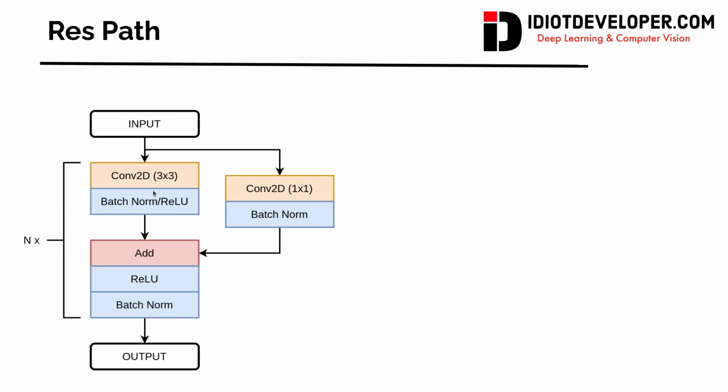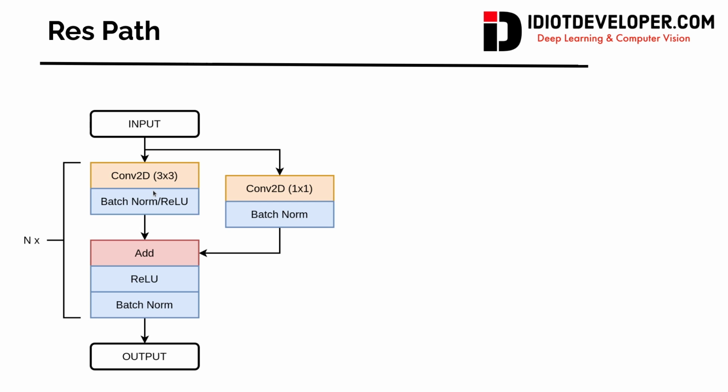So in the res path, we take the feature from the encoder, that is a skip connection, and it passes through this res block. Okay, we can call it the res path, and this output is then concatenated with the features in the decoder block. The reason behind introducing this res path, that is a block in the skip connection, is that the author of the MultiResUNet paper says that there is a semantic difference between the features of the encoder and the decoder.